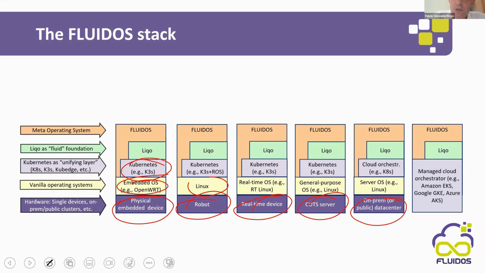On top of Kubernetes, we have another software that doesn't come from the project, which is Liqo. Liqo is creating a sort of continuum. It is the component that we use to drop the boundaries, to have two clusters at the beginning and see them like a single virtual cluster that spans across both. And then we have FLUIDOS on top of all those components.